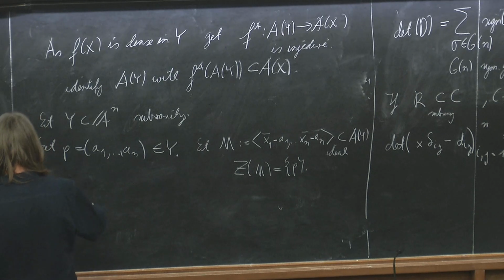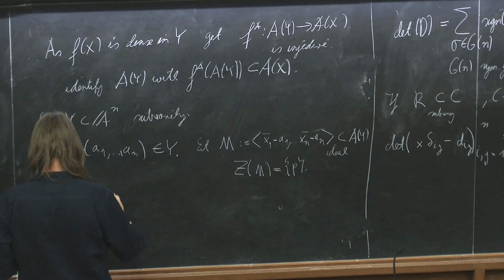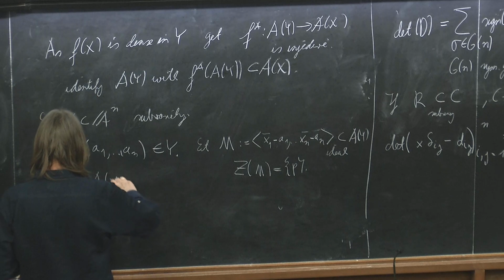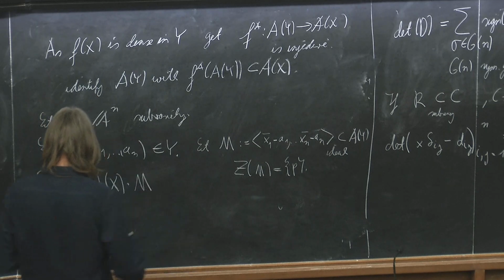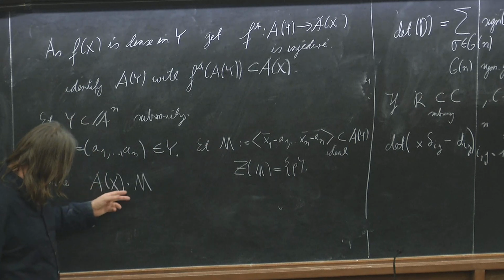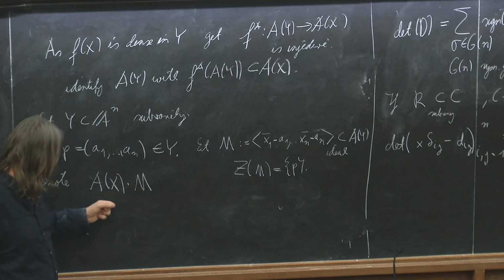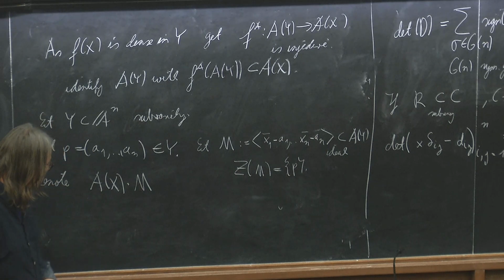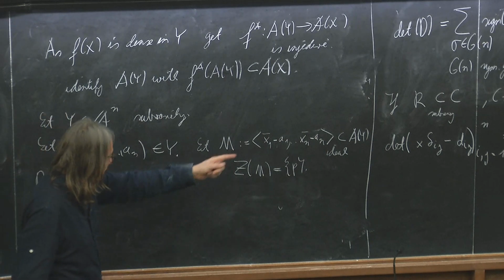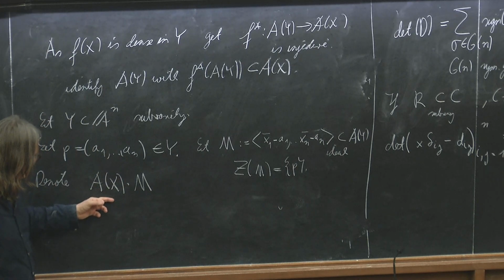So we denote by AX times M the ideal generated by M in this bigger ring. We know that AY is contained in AX, so I can look at the ideal generated by M in this bigger ring.